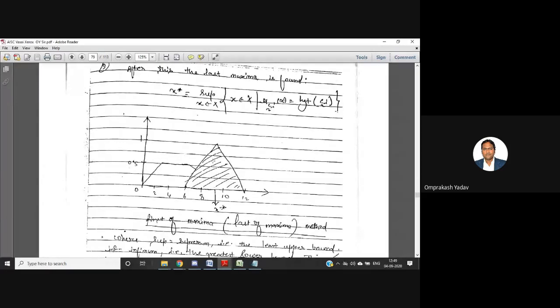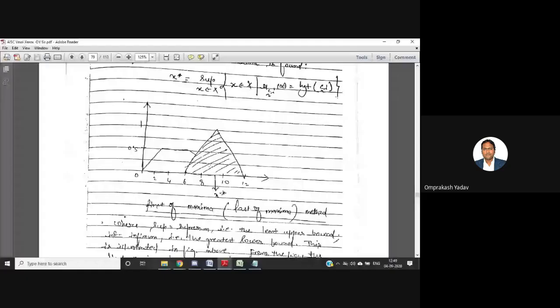From this area we find the max height, and we select that particular point as x star. It is up to you whether you select the first or the last. If the first is the max one, then you can select that point also.